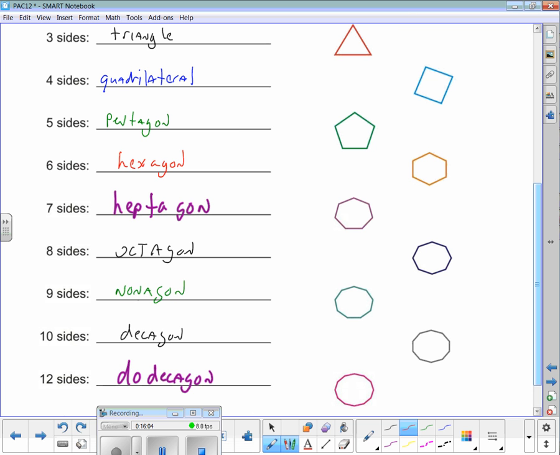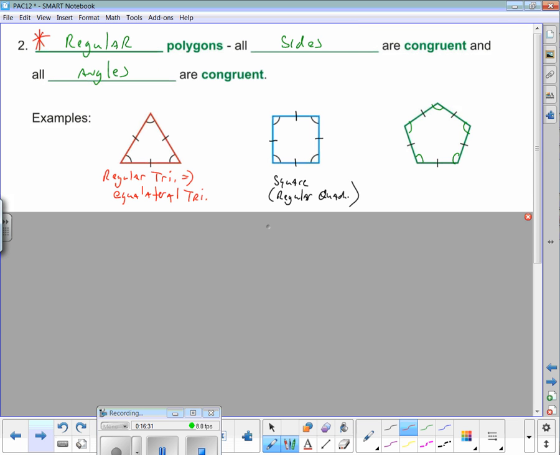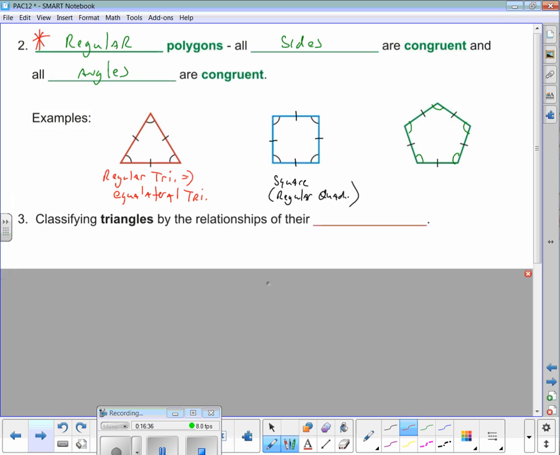They're not all the same to each other, but within their own polygon, all angles are congruent and all sides are congruent, right? Look at your octagon. Usually you'll find them with the word stop written on them, although that's kind of spun around a little bit. But anyhow, regular. You have to know what regular is. All sides are congruent. All angles are congruent.